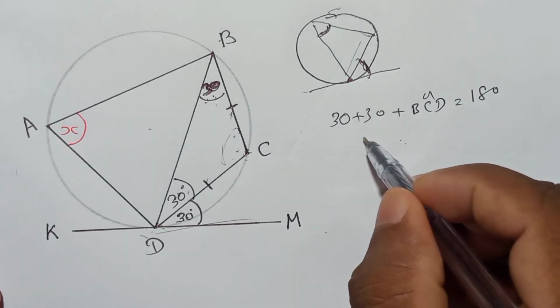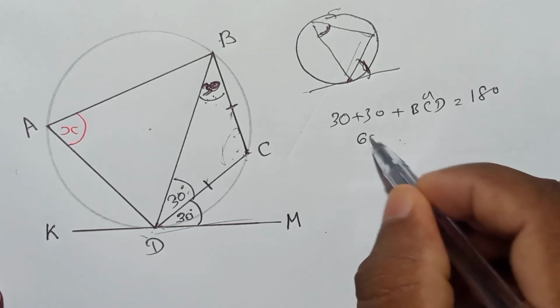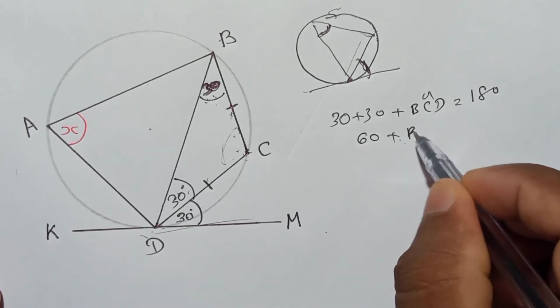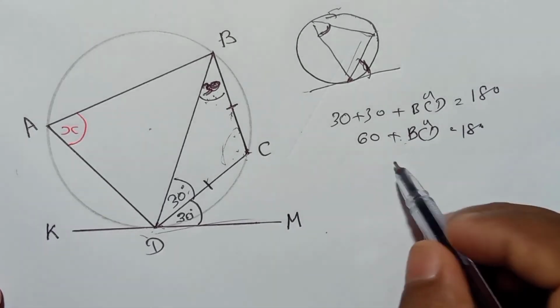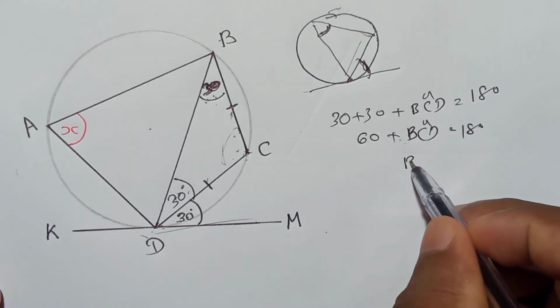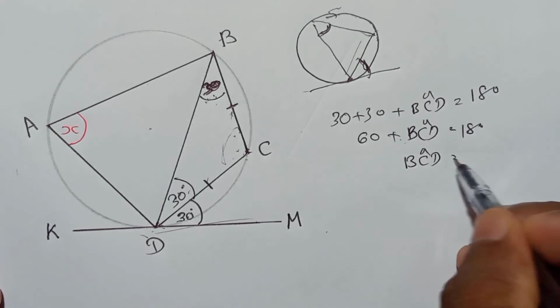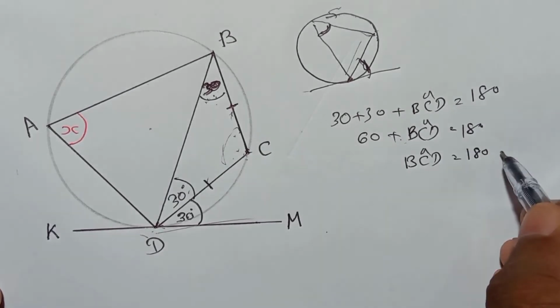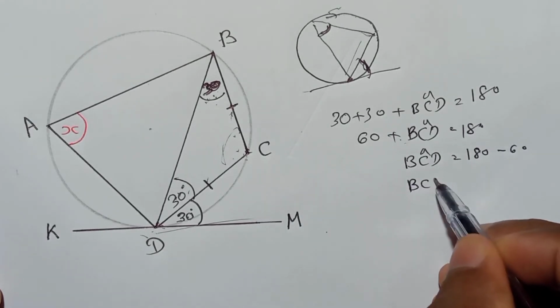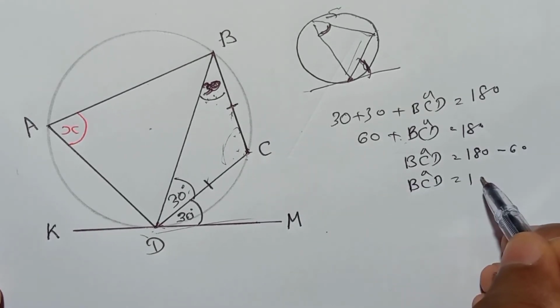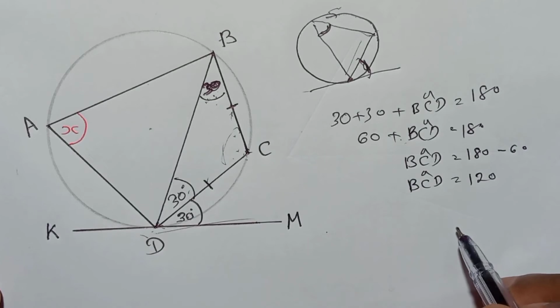So then here will be 60, and BCD. Then this 60 we bring to here, so BCD equals 180 minus 60. So BCD angle will be 120, right?